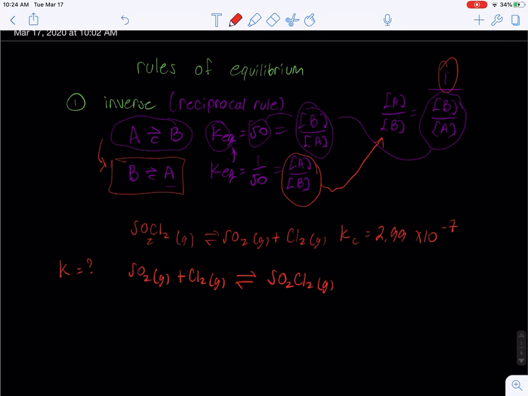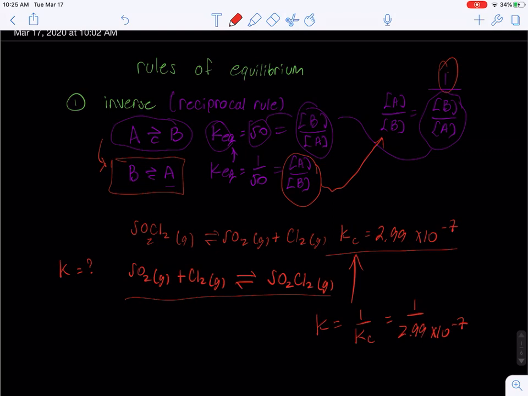Basically what we do is the K is going to be equal to 1 over the given equilibrium constant, because we've flipped or inverted the chemical reaction. So we take the reciprocal. So it's going to be 1 over 2.99 times 10 to the minus 7. Remember again, equilibrium constants are unitless.